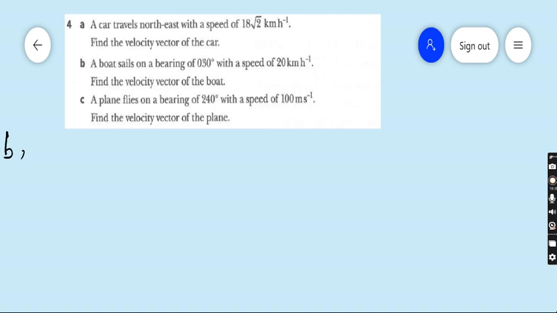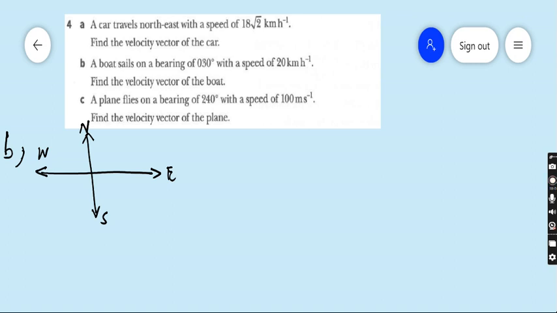Find the velocity vector of the boat. Draw the directions: east, north, west, south.